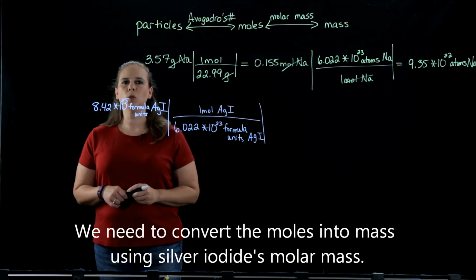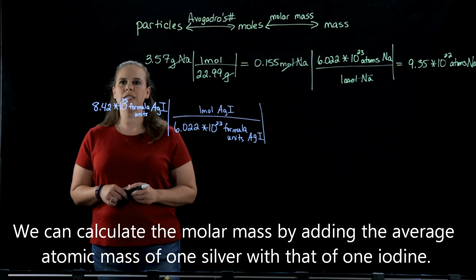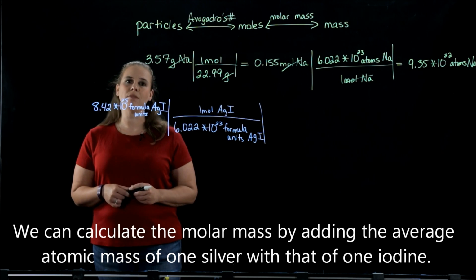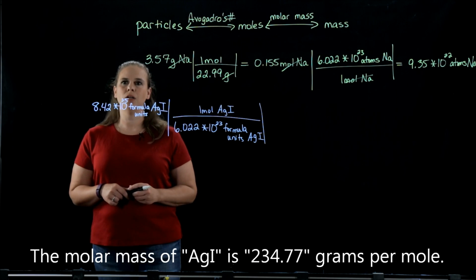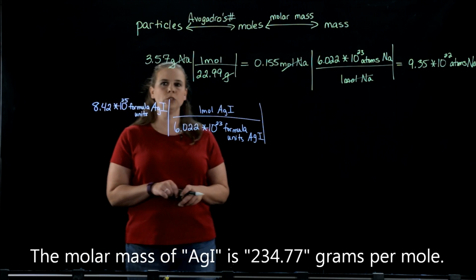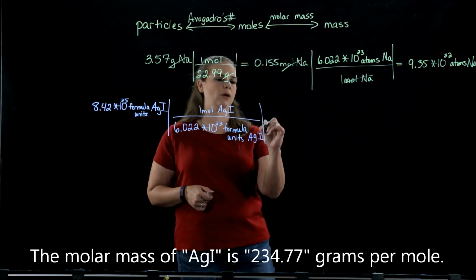We need to convert the moles into mass using silver iodide's molar mass. We can calculate the molar mass by adding the average atomic mass of 1 silver with that of 1 iodine. The molar mass of AgI is 234.77 grams per mole.